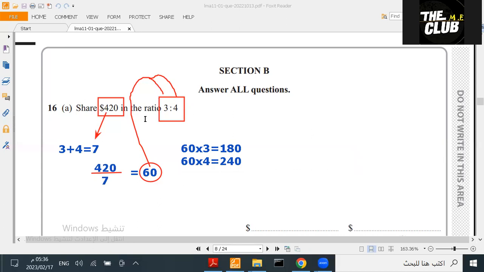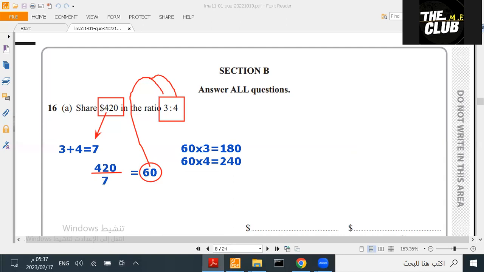First we add the ratios together and get 7. Then we take 420 divided by 7 and get 60. We multiply 60 by 3 to get 180, and 60 by 4 to get 240. This is how you answer a question like this.